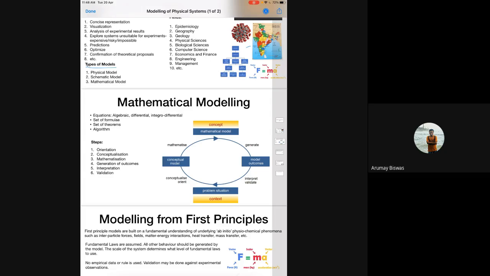But the important thing to note is that every step in this so-called modeling cycle is important, and it is something that you do whether or not you identify them as steps in your model. So this is simply formalizing what people already do in every field.